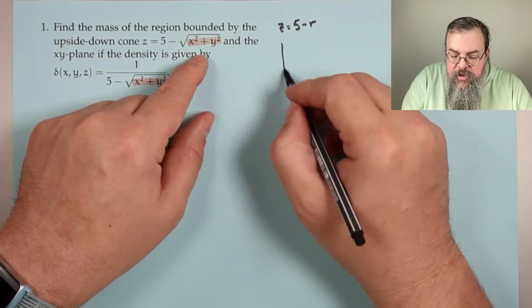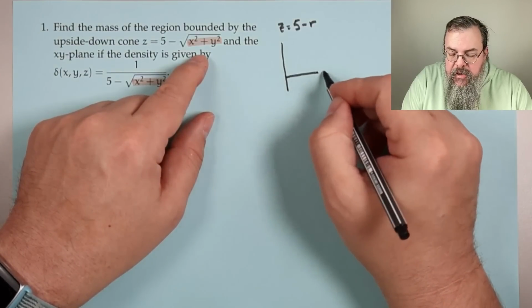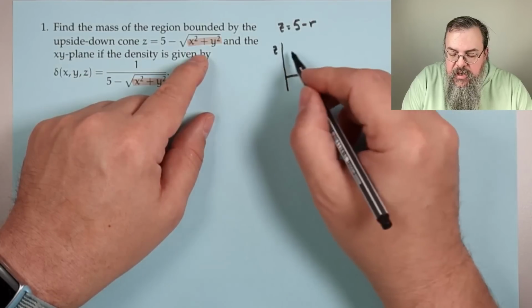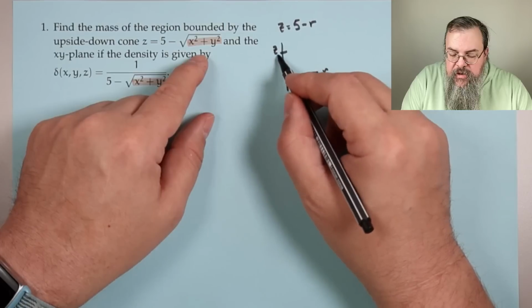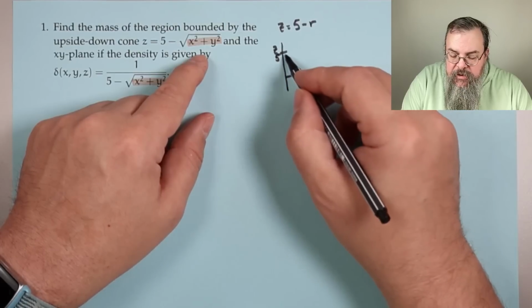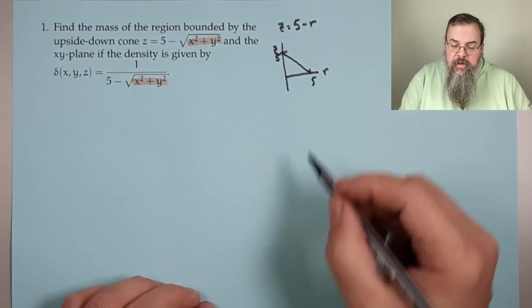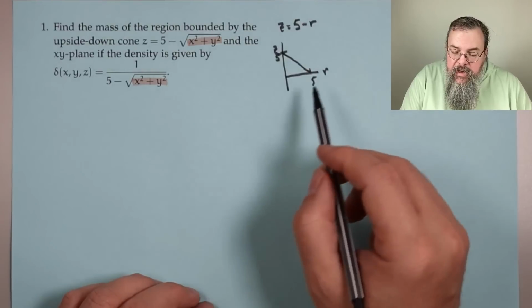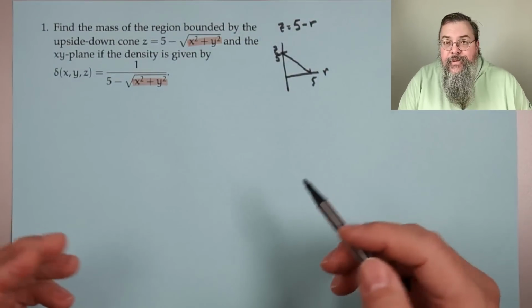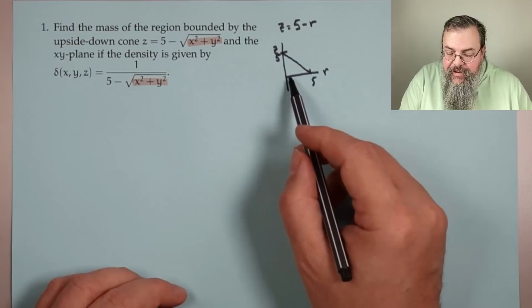Now if you were to sketch this in the RZ plane, so here's r, here's z, you intersect up here at 5, and then you go down, and you intersect down there at 5. And now the xy plane, that's also known as z equals 0, that's here.